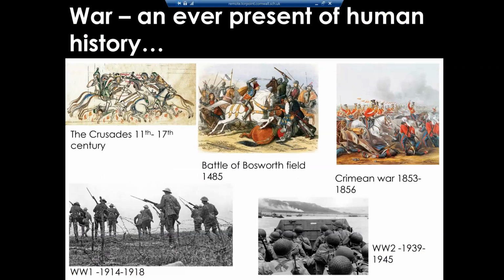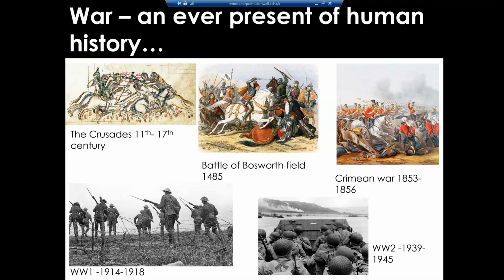Okay, so our starting topic is war poetry. We're going to look at war as what we call an ever-present of human history. And what that means is it's something that is always existing or occurring. It's always been there.